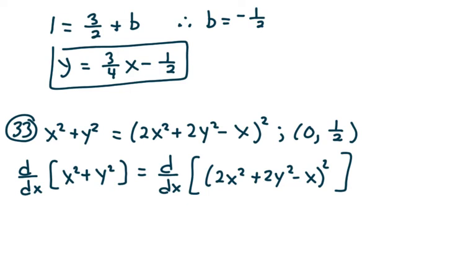For problem 33, I have x squared plus y squared equals 2x squared plus 2y squared minus x, to the second, and the ordered pair is (0, 1/2). So I'm going to do the same thing. I'm going to differentiate both sides with respect to x.